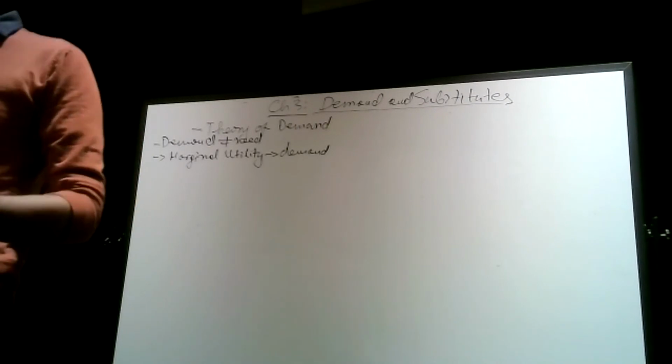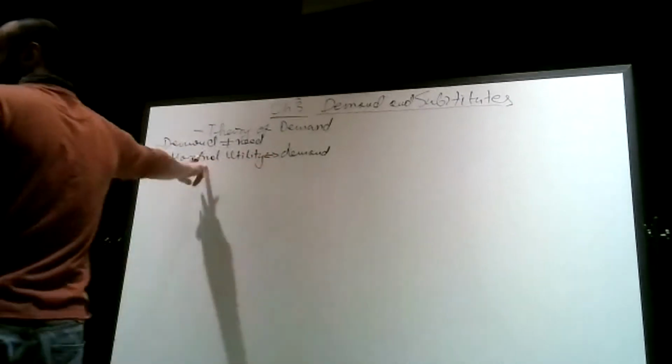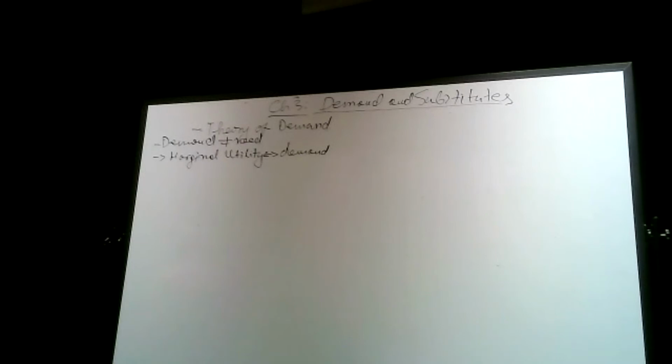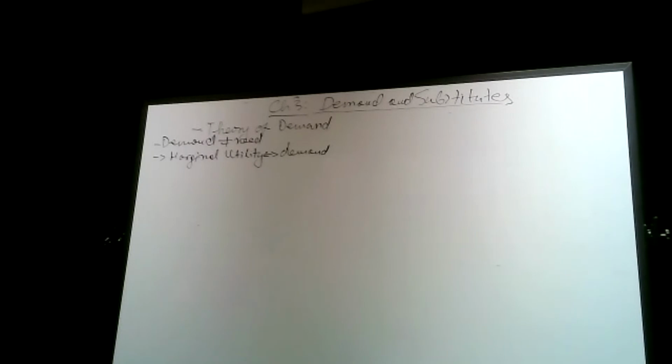So the theory of demand, we're going to learn what is marginal utility, and what is the relationship between marginal utility and demand. We're not going to be talking about the concept of supply this time around. Next time we're going to define supply, and then we will have one chapter that talks about the coordination between supply and demand.